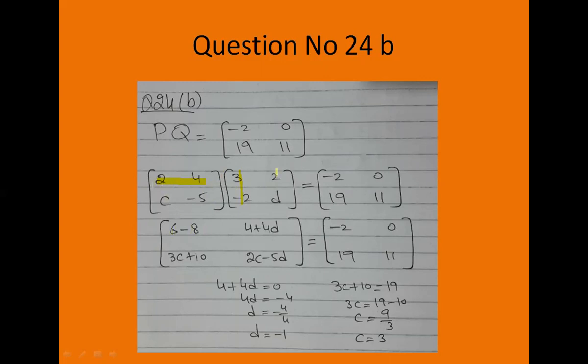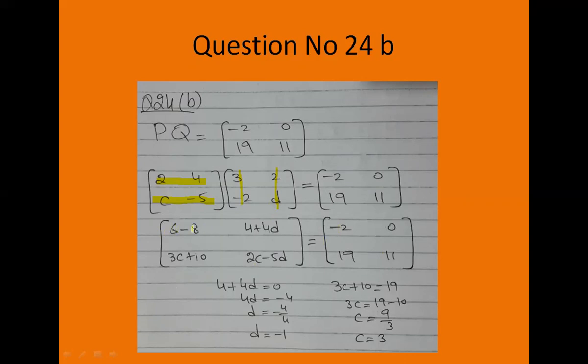Then the first row will multiply with the second column. 2 2s are 4 plus 4 D's are 4D. So 4 plus 4D. Then the second row will multiply with the first column. It will give you 3C minus 5 multiplied with minus 2, that will be plus 10. So 3C plus 10. Then the second row will multiply with the second column. You will have 2C minus 5D, and that's equal to minus 2, 0, 19.